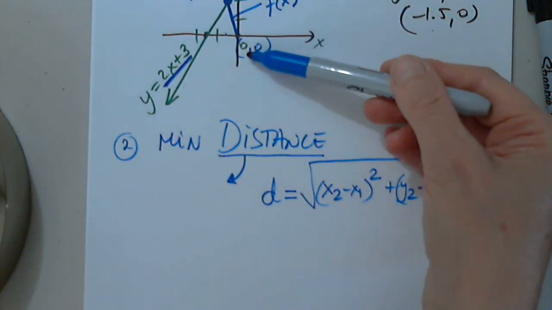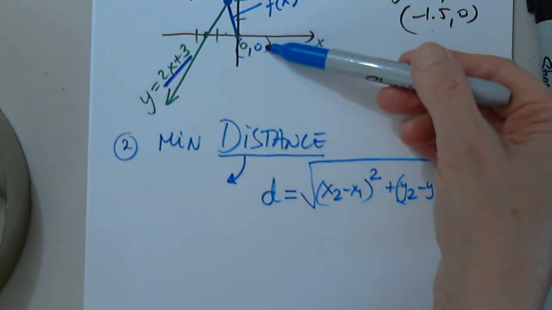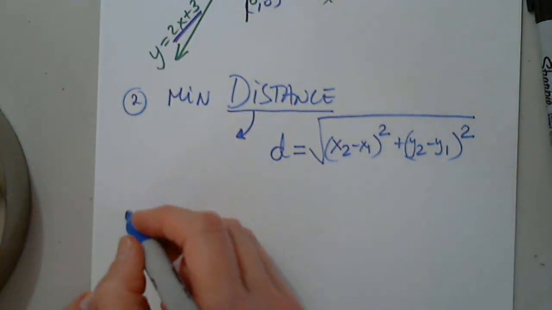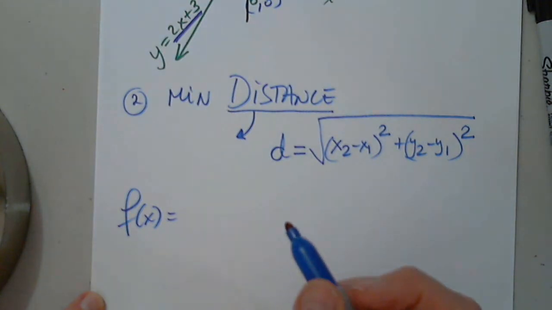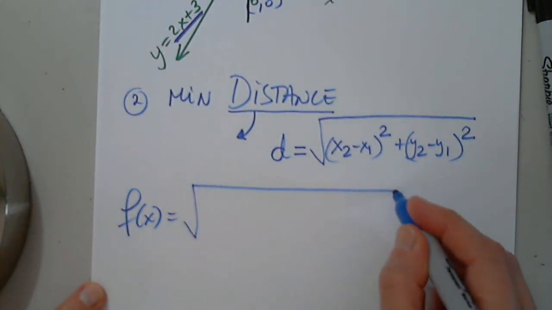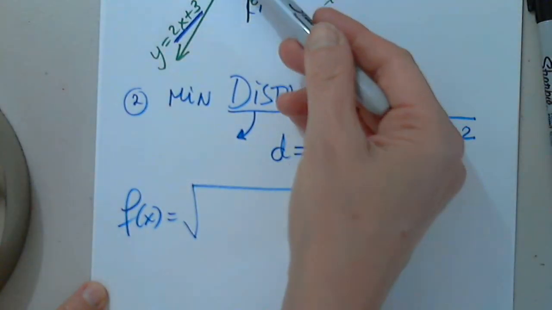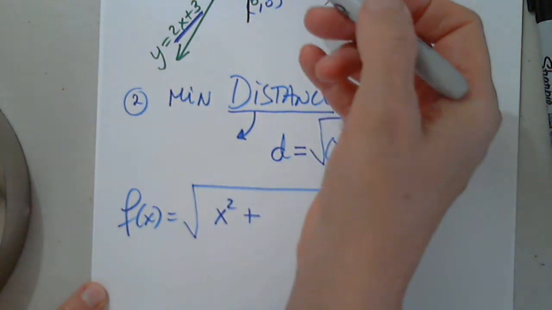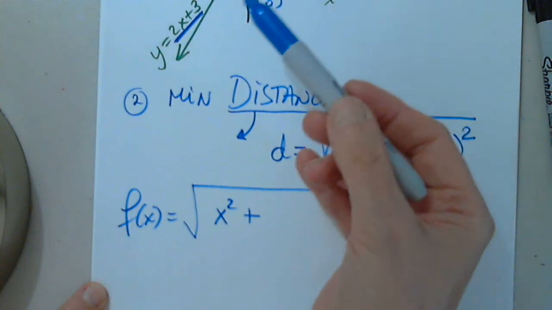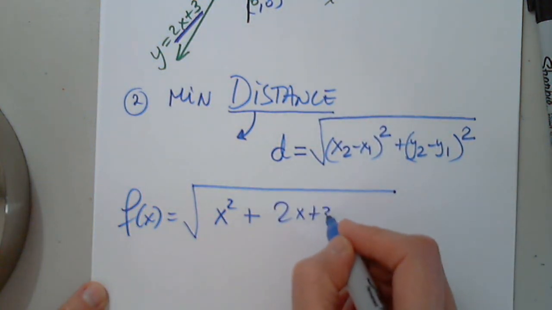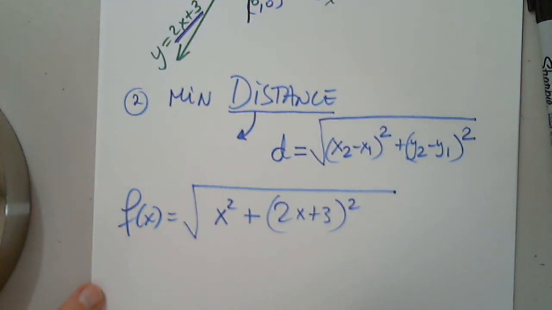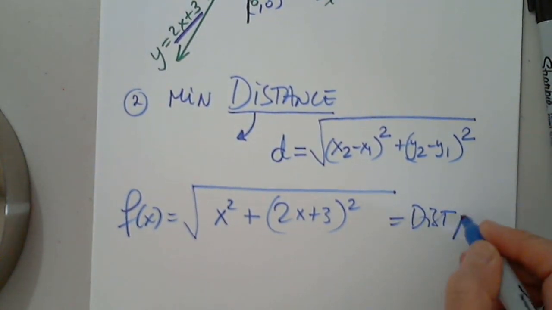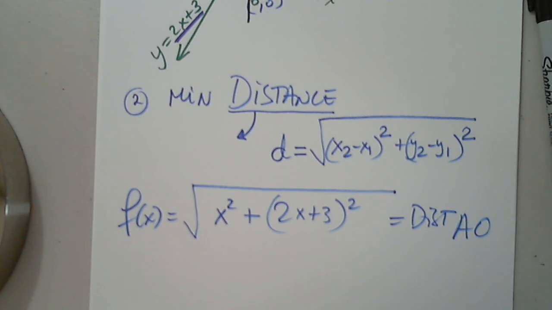I'm going to call that f of x. It only has x. So the square root of x squared, plus 2x plus 3 to the second power. And this is the distance from A to the origin.